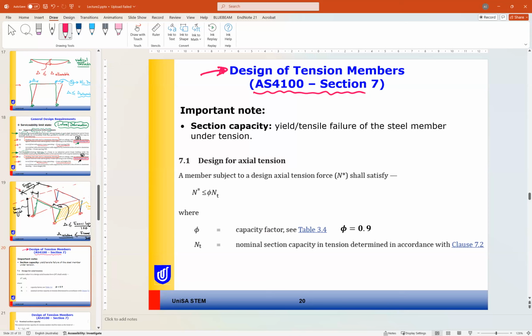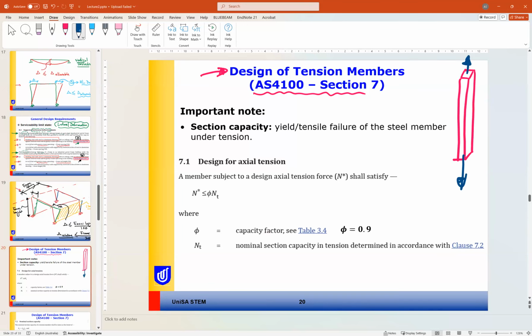A tension member is any member, which can be vertical or horizontal or whatever, subjected to tension force. If we have a steel member subject to tension force, we need to use the formulas in section 7 of the standard.